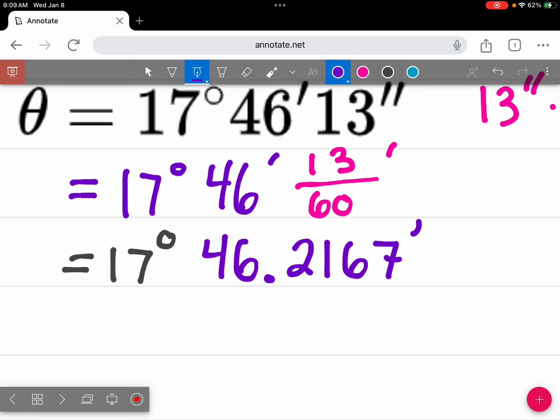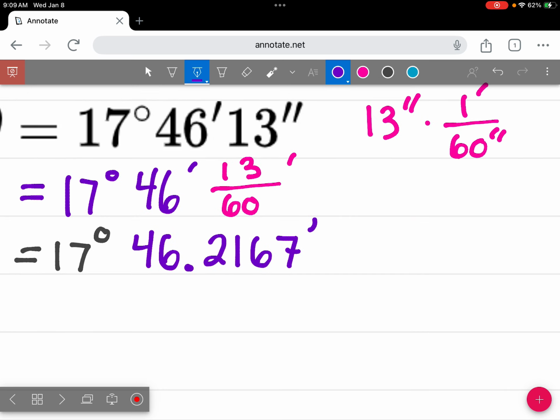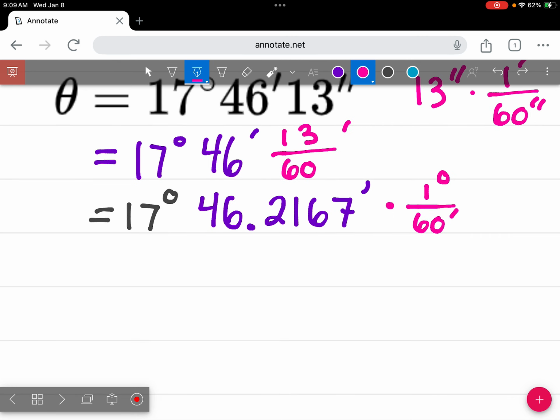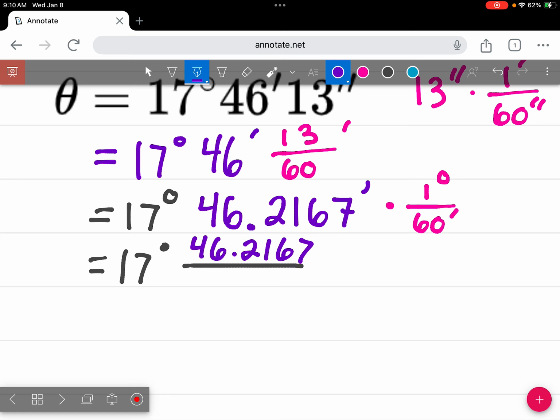Same idea, getting rid of the minutes down to degrees. In order to get minutes to leave, I need to take the fact that 1 degree is the same as 60 minutes. So I can get rid of the minutes here if I take my 17 degrees and add on our 46.2167 over 60 degrees.